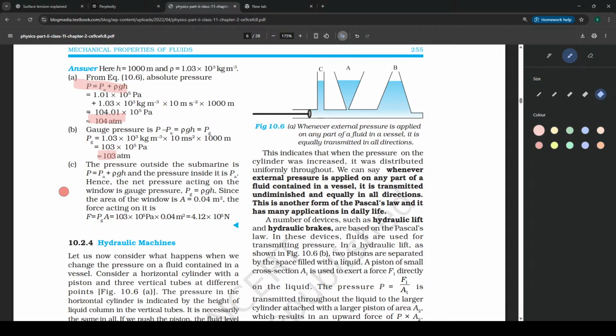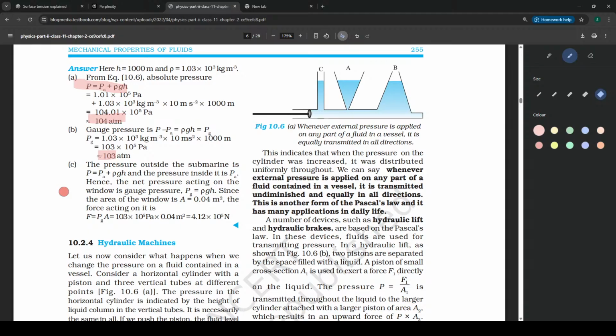Basically, since there is a sea level pressure inside the submarine, which is pushing against the walls of the submarine, the pressure acting on the submarine due to the water will reduce, they will get cancelled out. That is only the atmospheric pressure.